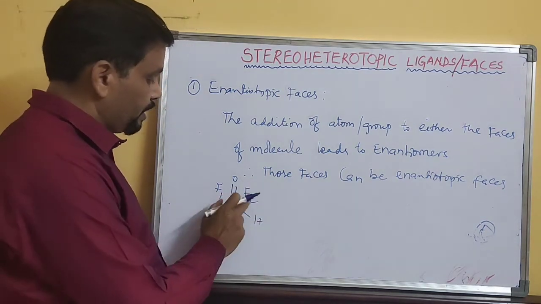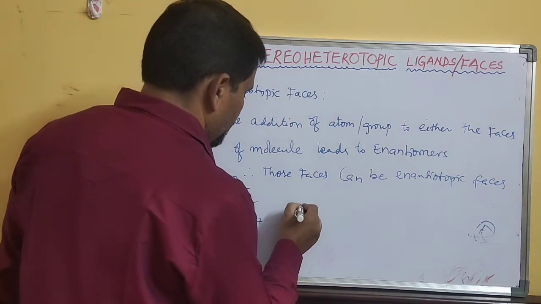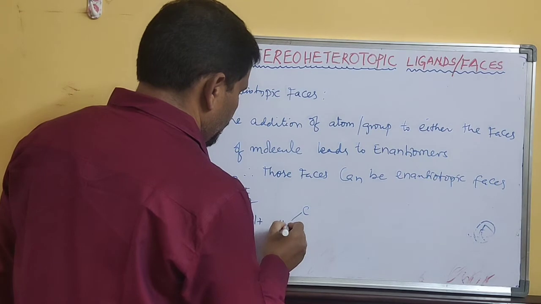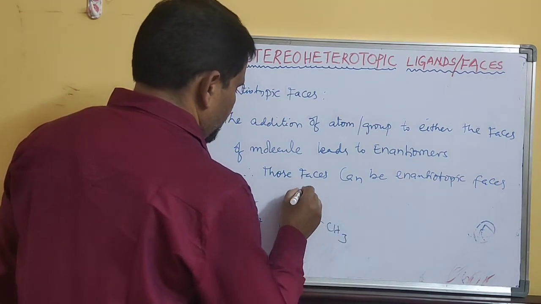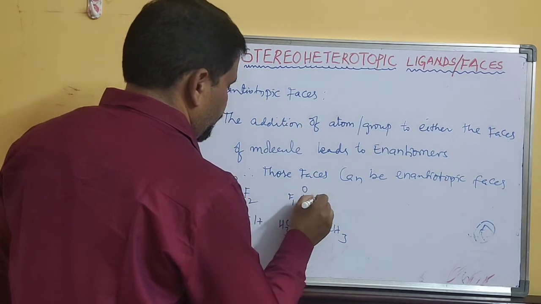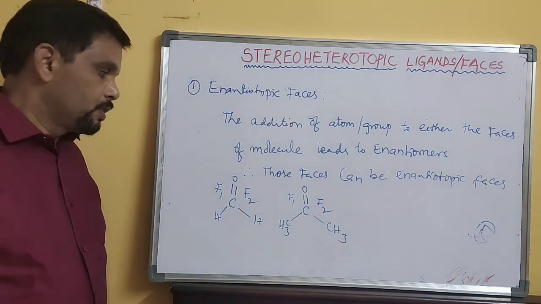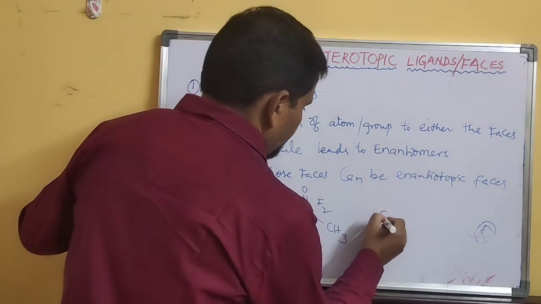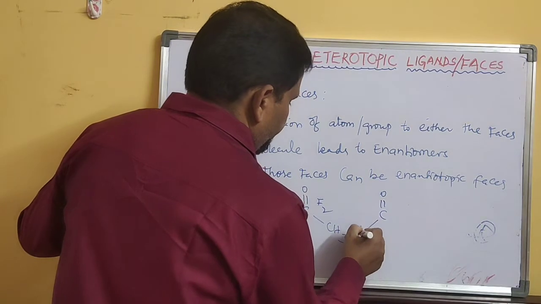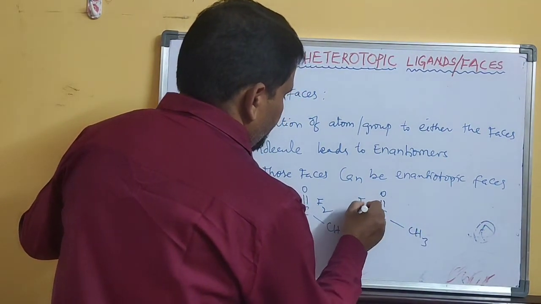This is face 1 and this is face 2. Suppose an acetone molecule, this is face 1 and face 2. One more example, with a phenyl and CH3, F1 and F2.